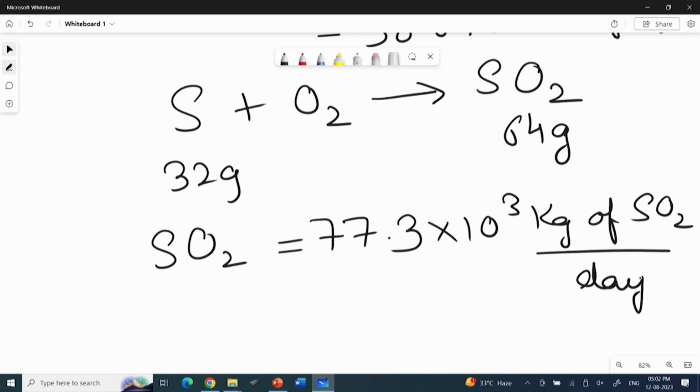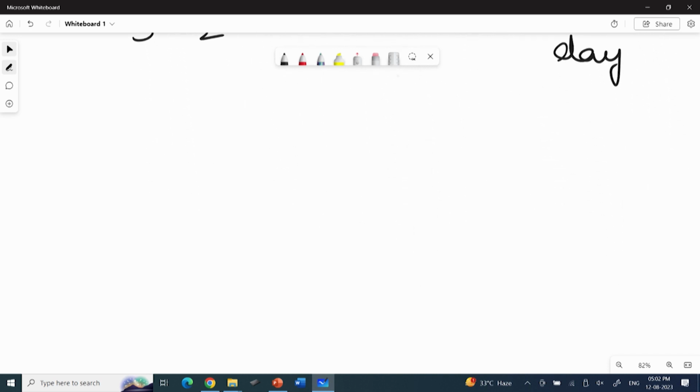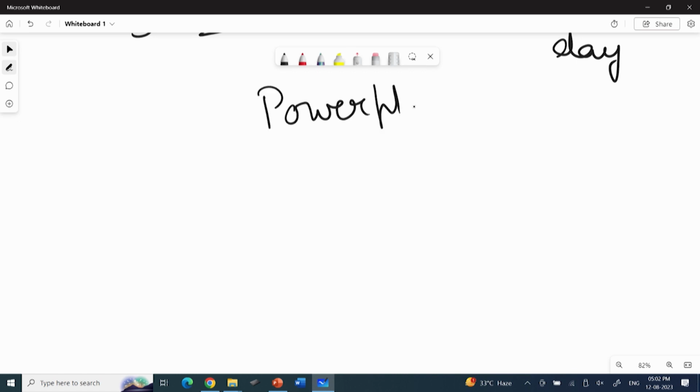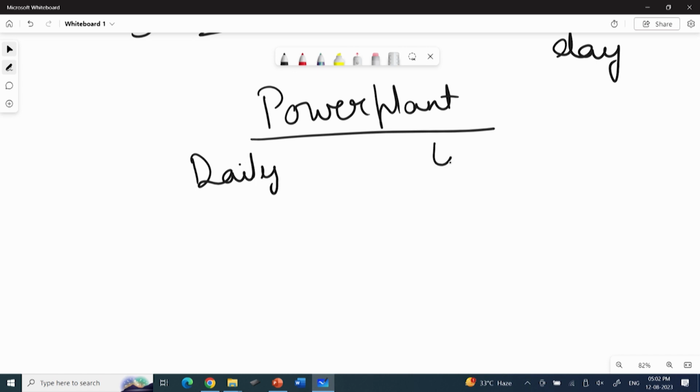So, if I look at the emissions on a daily, weekly and yearly level, I can make a table for this power plant, and we can have the emissions daily, weekly and yearly, and we can start with the CO2 levels.